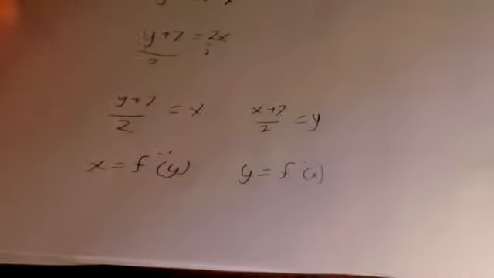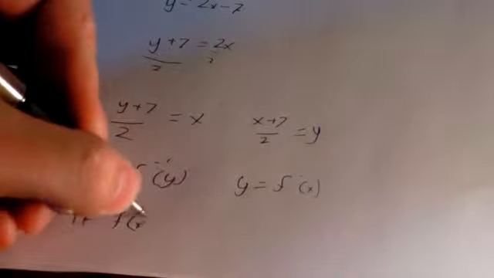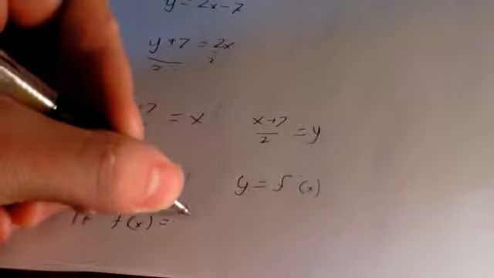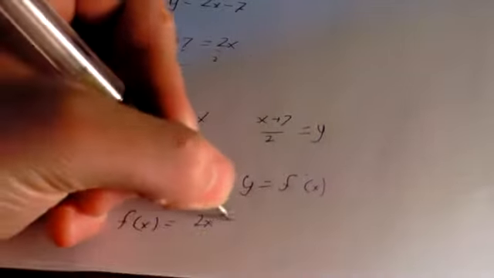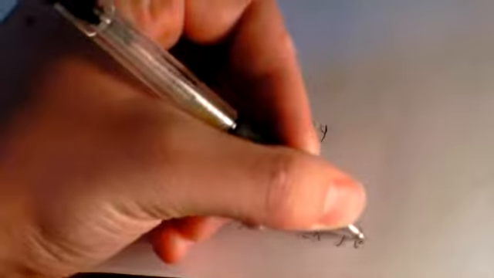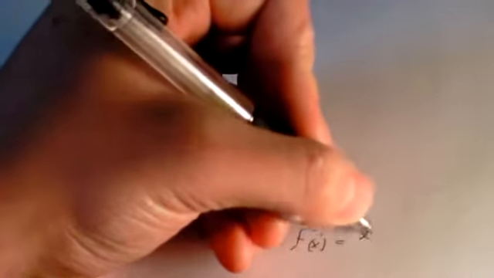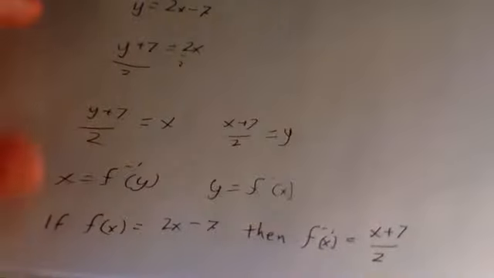So now we have, if f(x) equals 2x minus 7, then f inverse of x equals (x plus 7) over 2. Alright, there we go. We've just found our inverse function, and let's see what the next step is.